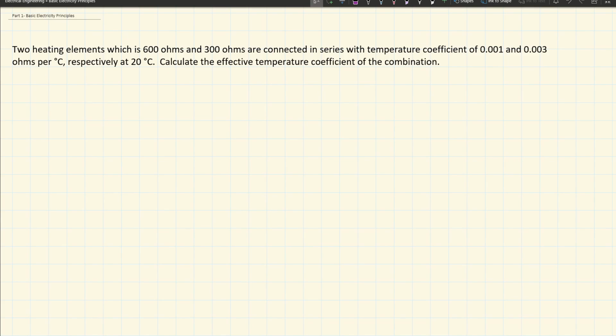First, we need to find the final resistance of each heating element given the initial resistance and the temperature coefficient.